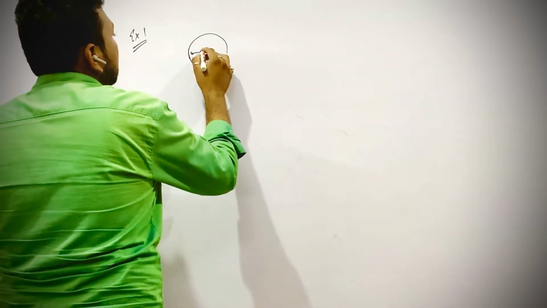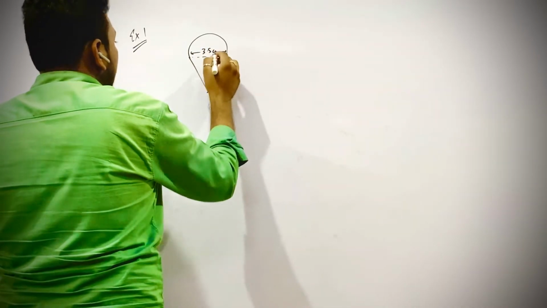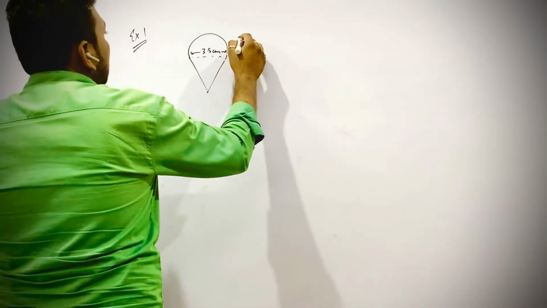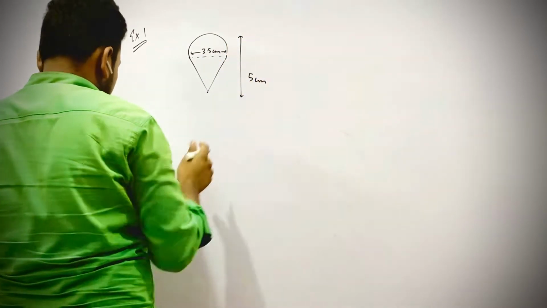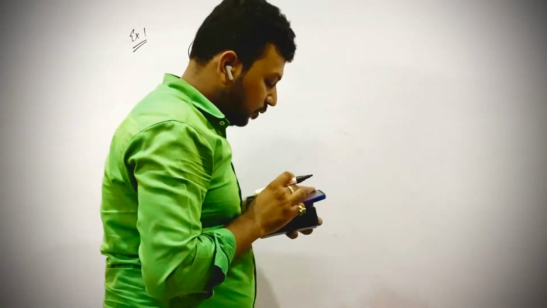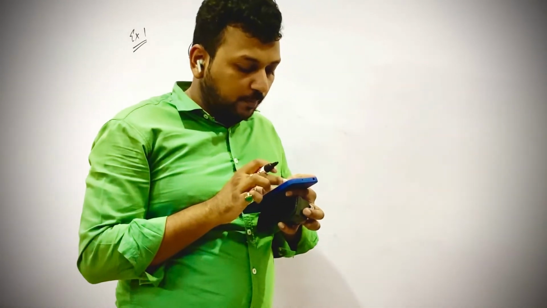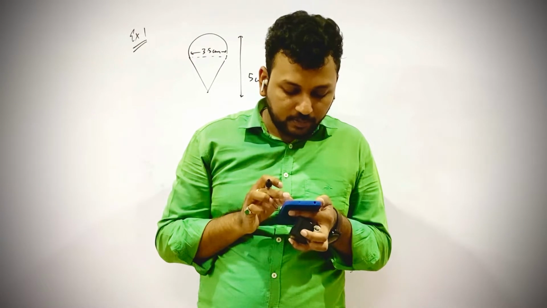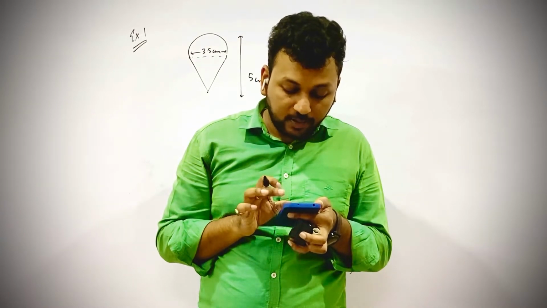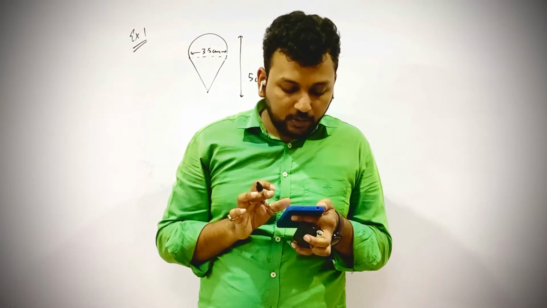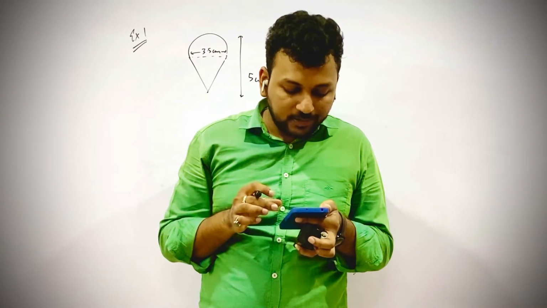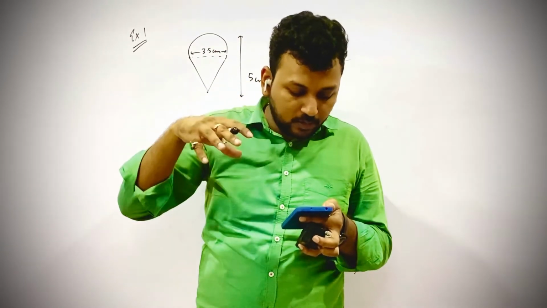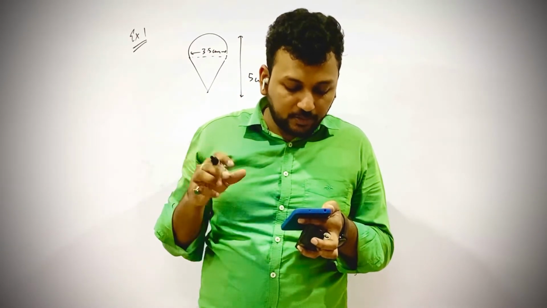Okay, so this is 3.5 centimeter. The whole thing is 5 centimeter. So Rashid got a plain top, a lattu, but which surprisingly had no color on it. He wanted to color it with crayons. The top is shaped like a cone and surmounted by a hemisphere.